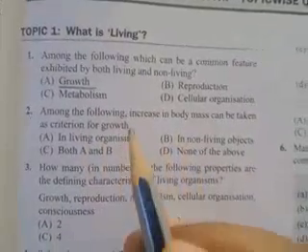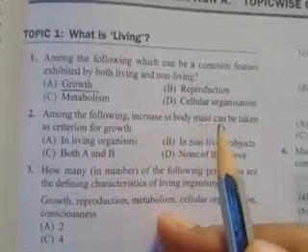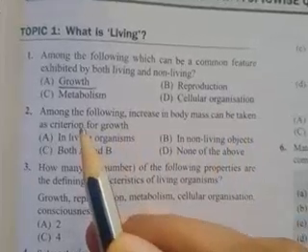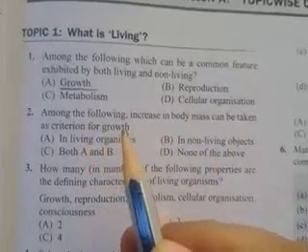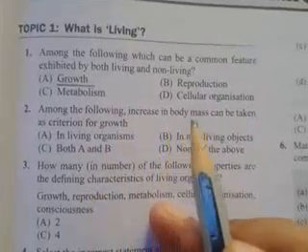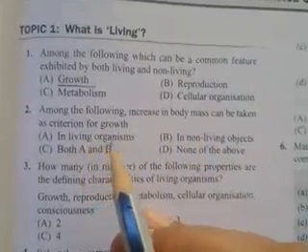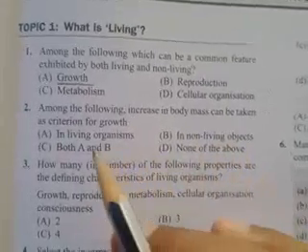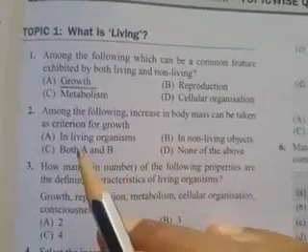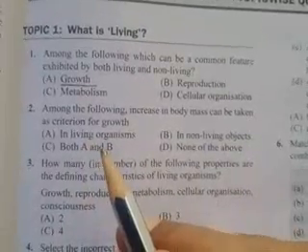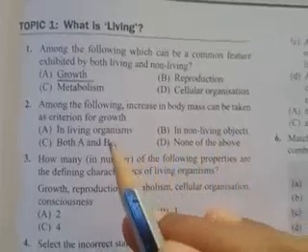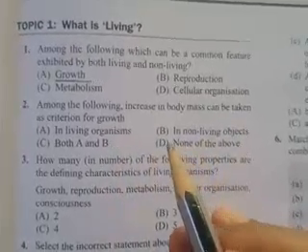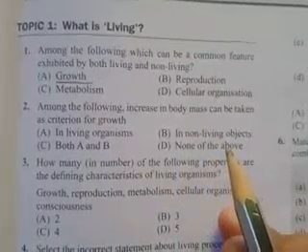Among these, increase in body mass can be taken as a criterion for growth: in living organisms, in non-living objects, both A and B, where A means living and B means non-living objects, and the last option is none of the above.